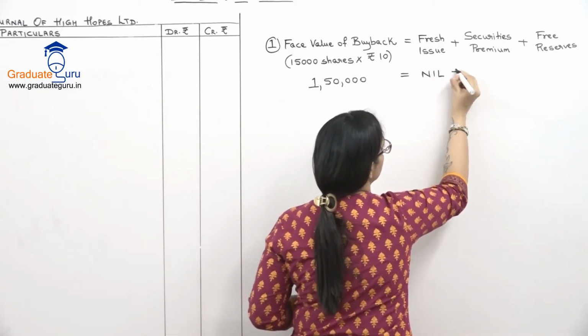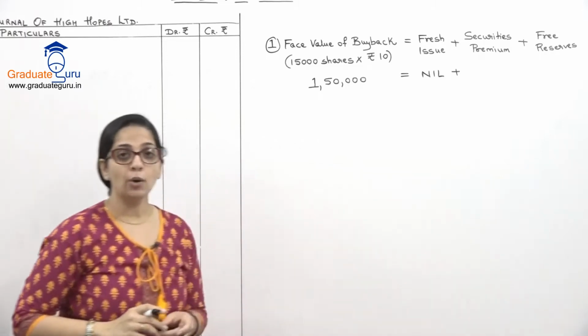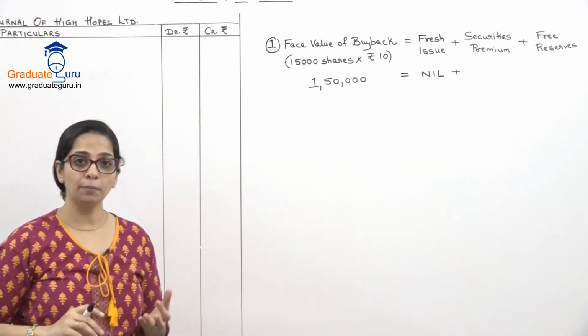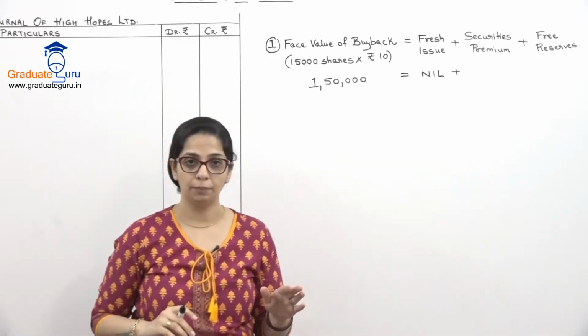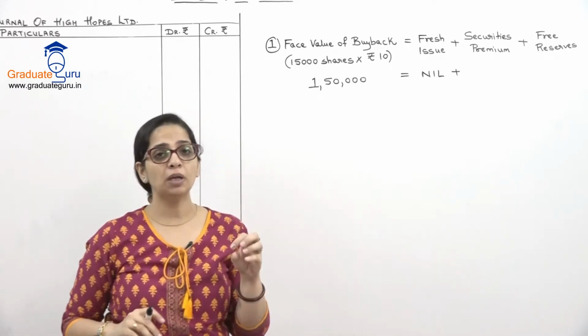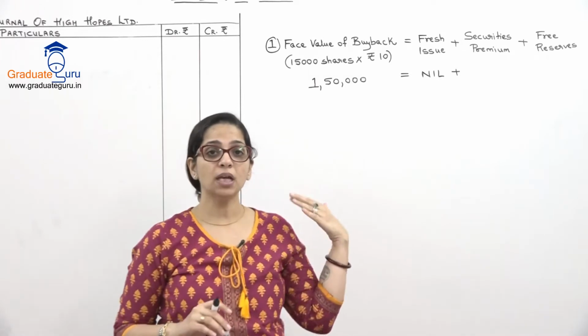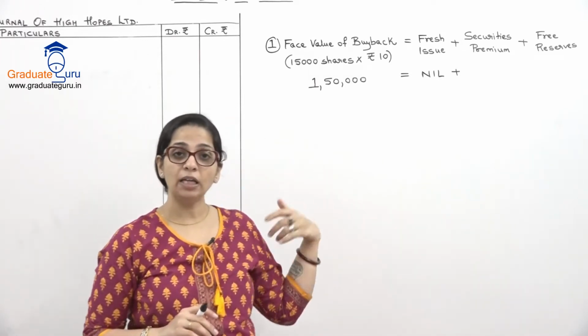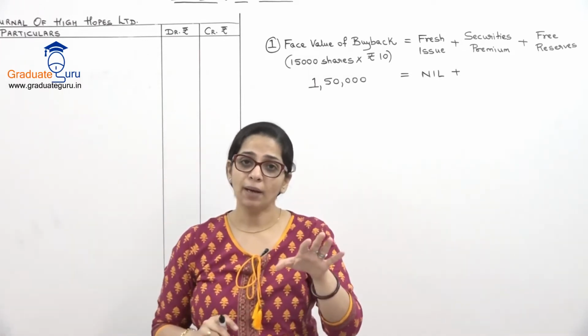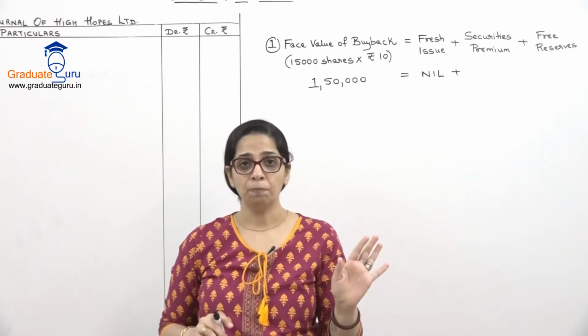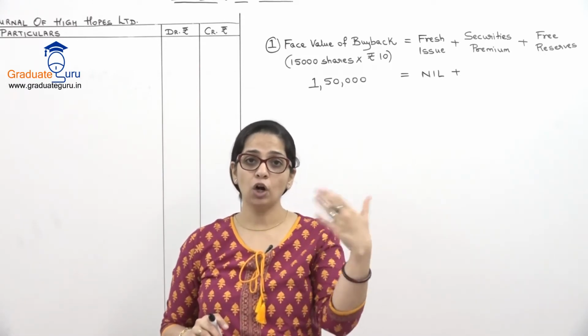It is nil. Now as I had explained, we will use securities premium first. Why? Because securities premium is a very restricted account. If we don't use it in such formalities, it will just remain as a balance in our balance sheet. I will not be able to use it for a lot of things.